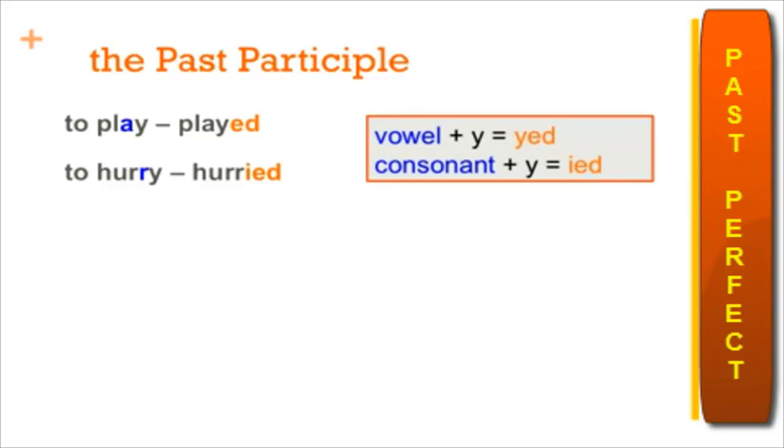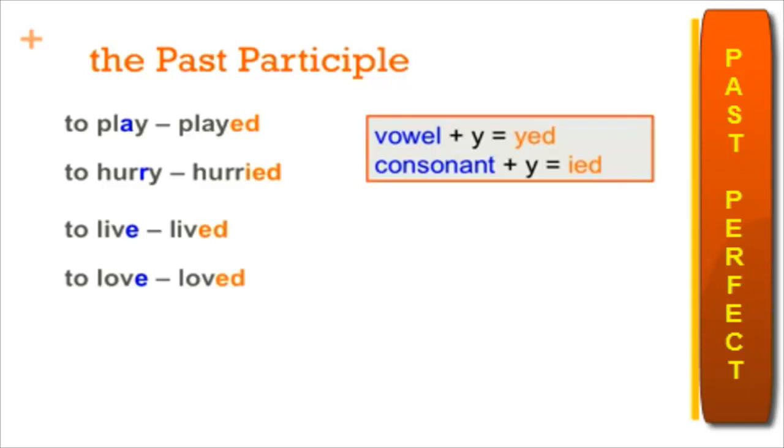A is a vowel, then there's the y, and this is played, ed. And if there's, however, a consonant, which in hurry is the R, consonant plus Y, then it turns into IED. So RY becomes hurried, IED. So please remember vowel plus Y, YED, and consonant plus Y, IED.